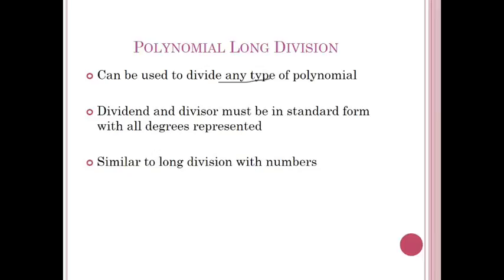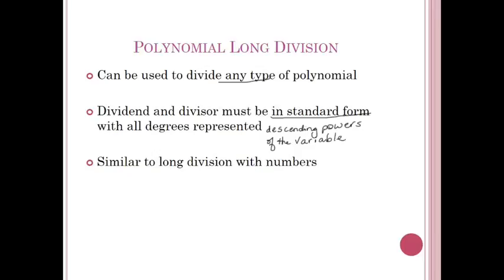The dividend and divisor have to be in standard form. Okay? Now, what that means in terms of standard form is you've got your descending powers of x. I'm going to write here, that means put it in descending powers of, and I'm not going to say x, I'm going to say of the variable, because it might not be an x, it could be something else.